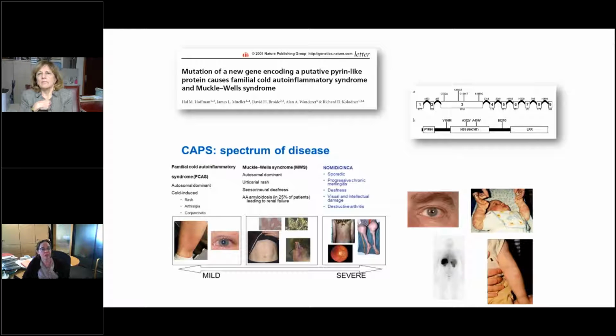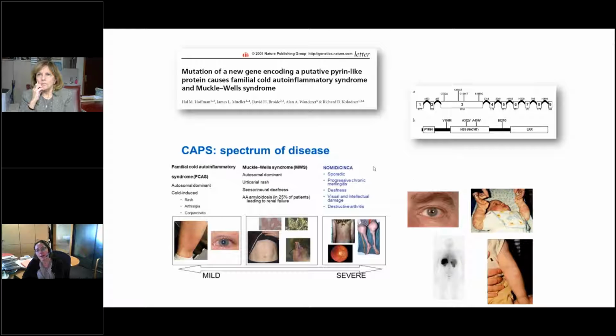Mid-spectrum disease, which is actually the commonest that we see, tends to cause disease with the circadian rhythm worse towards the end of the day, with urticarial rash, fever, red eye, significant myalgia, and actually a meningitic headache being extremely common. Most individuals will present at birth with an urticarial rash and fever, which may be confused with neonatal sepsis, but many individuals will then not present until adult life, having essentially normalized their symptoms.